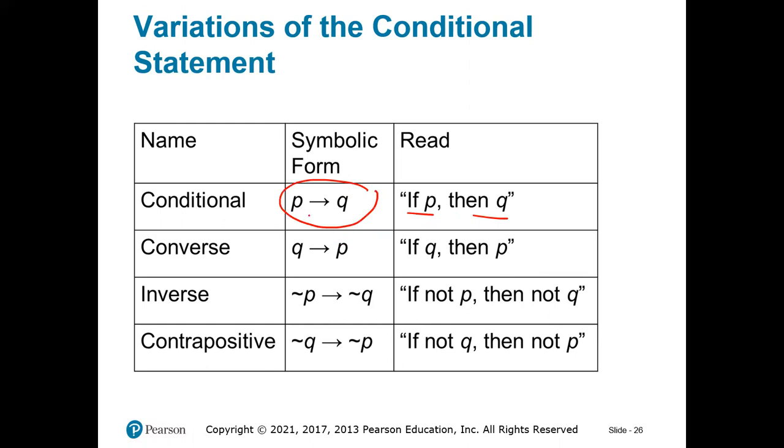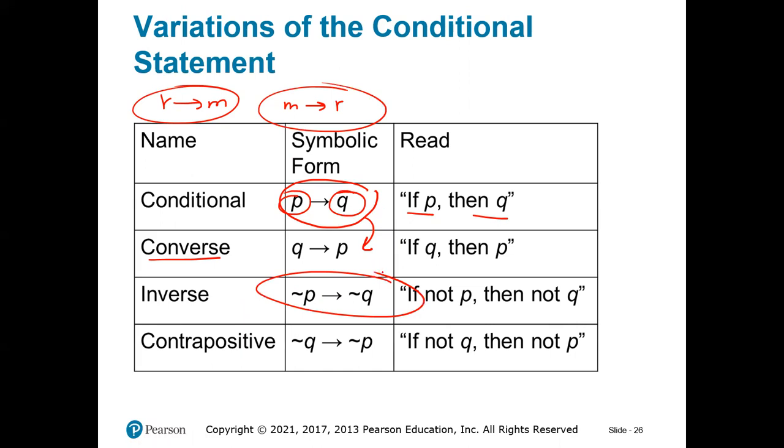The converse of P implies Q is Q implies P. So if you have R implies M, the converse is M implies R. If they ask you what the inverse is, take the negation of P, take the negation of Q, and leave the arrow in the same direction. This is called the inverse. And the contrapositive of this one is this one here.